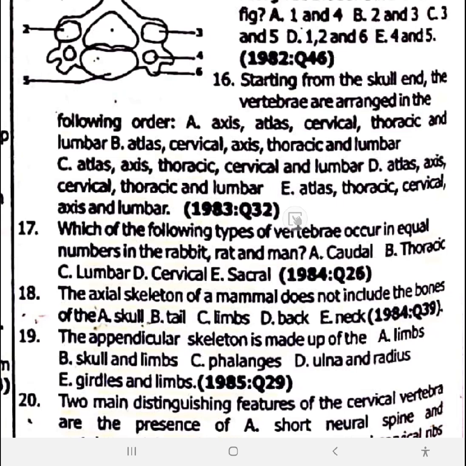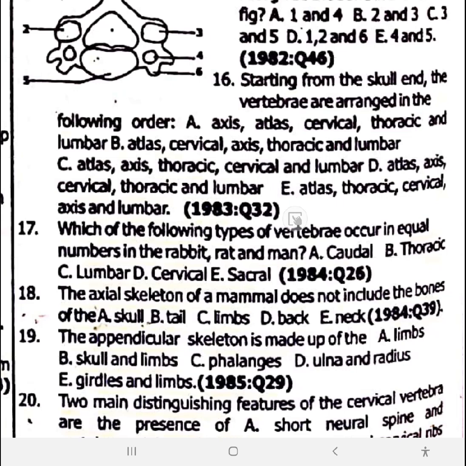Sacral: man 5, rat 4, rabbit 3 to 4. Caudal: man 4, rat 27 to 30, rabbit 16. Total bones: man 33, rat 57 to 60, rabbit 45 to 46. So I said cervical 7, 7, 7.